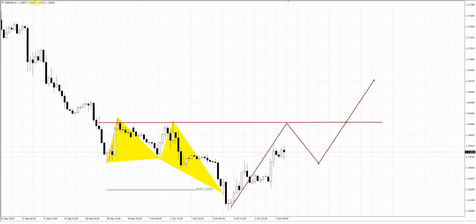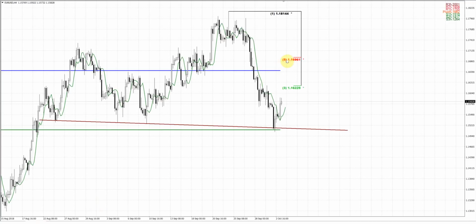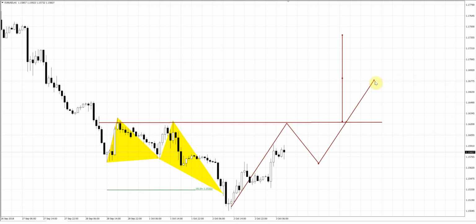As the destination point of this head and shoulders, guys, the ultimate target will be somewhere around 1750, slightly higher than 1750. The OP target of the ABCD will be around 1675.